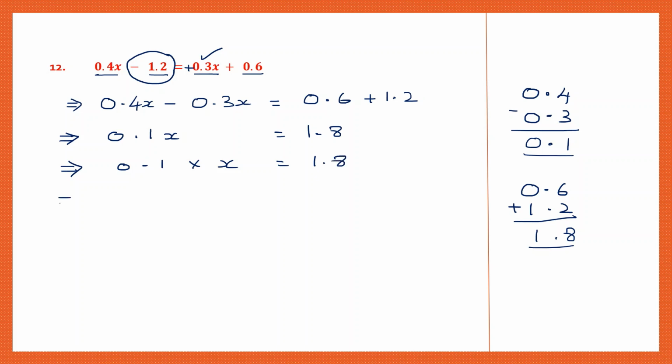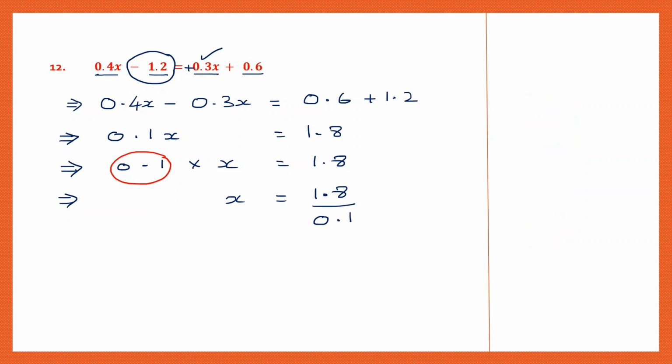So to find the value of x, what do we write? 1.8 divided by 0.1. We have transposed this number from the left to the right. So now we have to divide 1.8 divided by 0.1. Let's do that division.